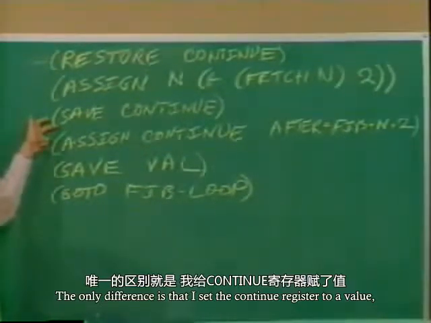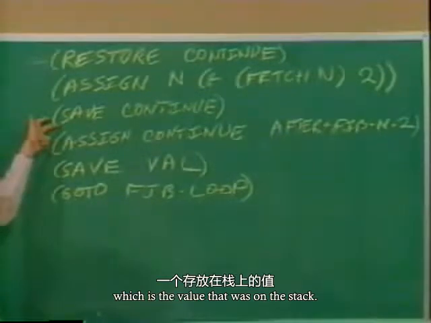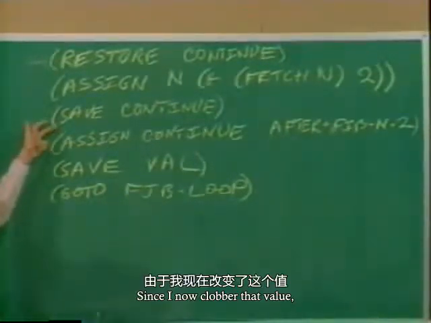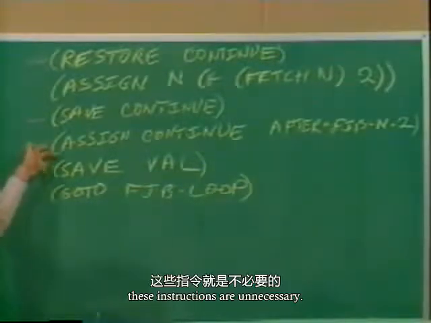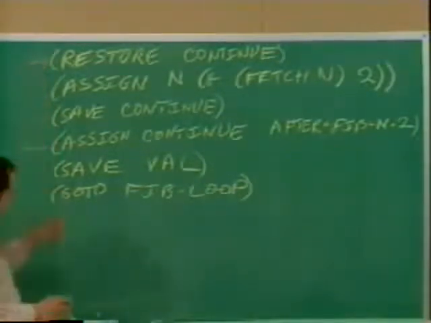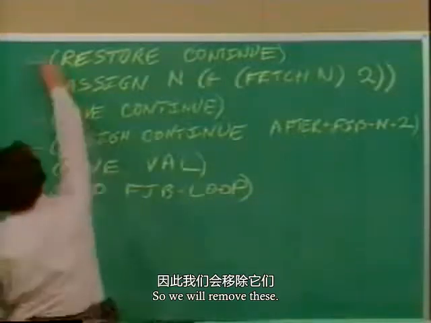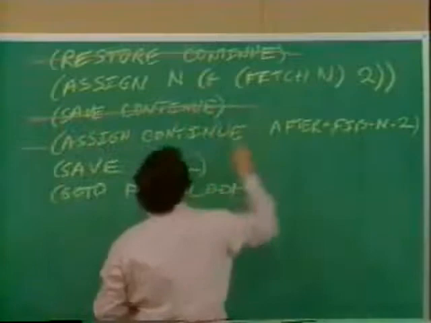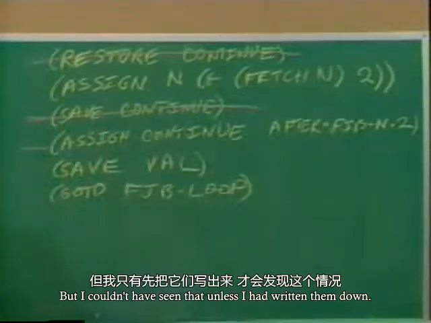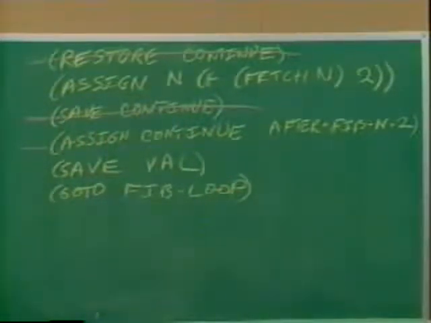The only difference is that I set the continue register to a value, which is the value that was on the stack. Since I now clobber that value, and since it was never referenced, these instructions are unnecessary. Okay, so we will remove these. But I couldn't have seen that unless I'd written them down.